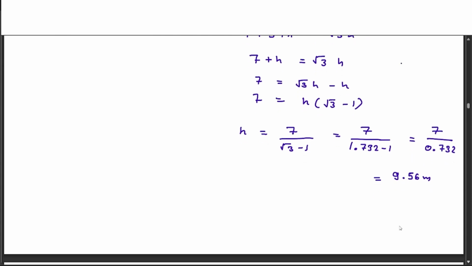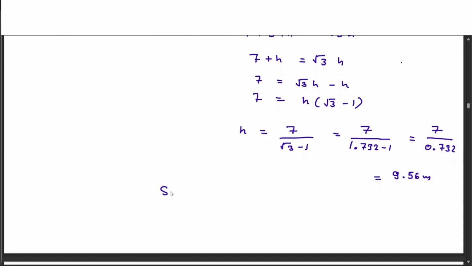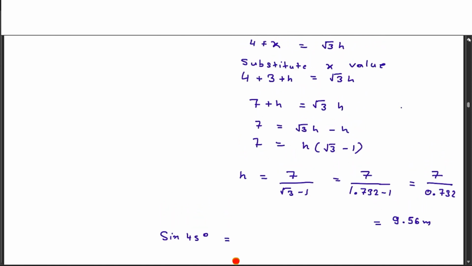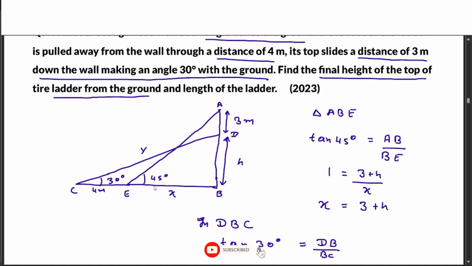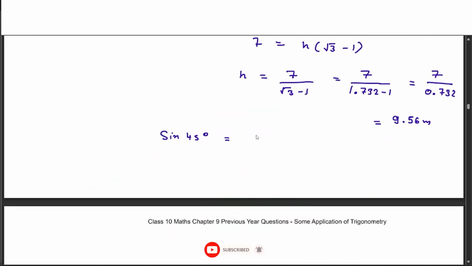So here again we can take sine 45 degrees in the small triangle. Because we have to find the length of the ladder, sine 45 is equal to AB over AE.